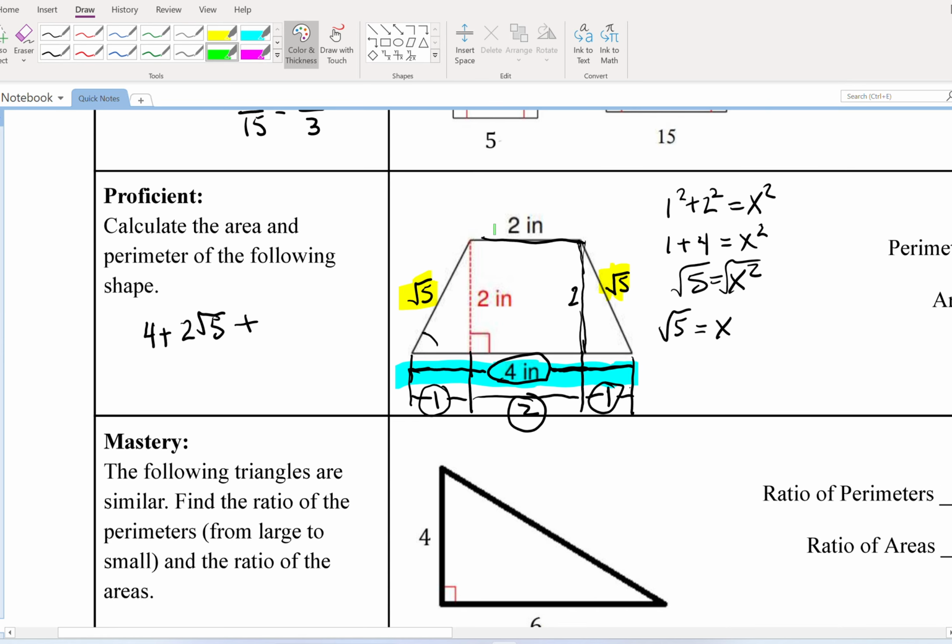And then here's my top, there's 2, and that's all 4 of the sides. This is square root of 5, this is square root of 5, and so the perimeter is just all of those added together. Here's my 2 square root of 5, here is my 4, and then here is my 2.